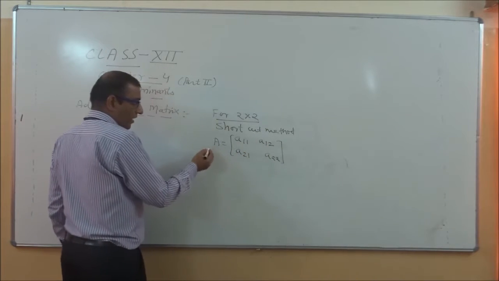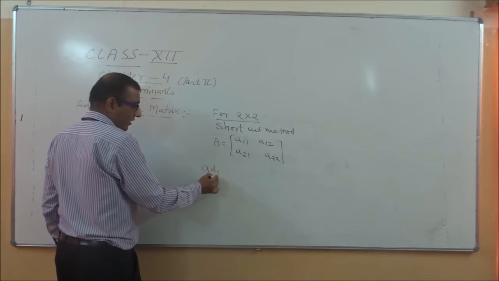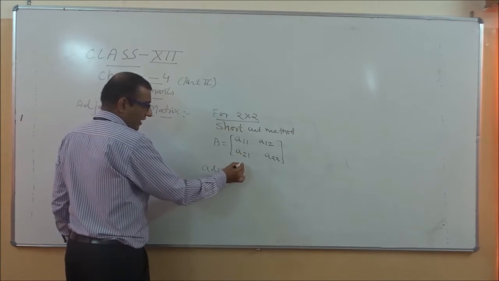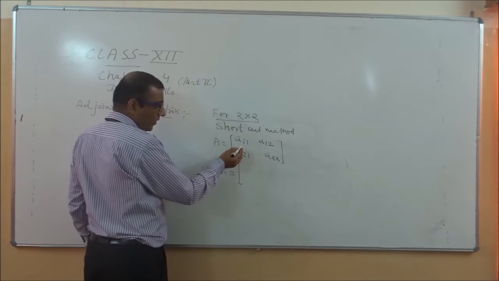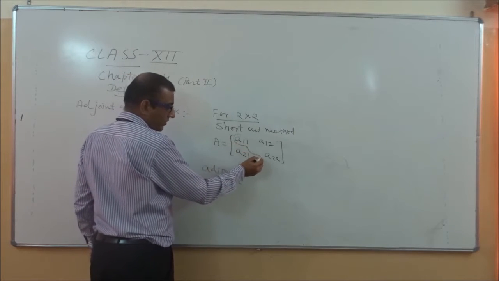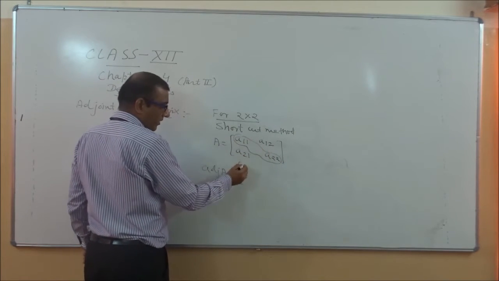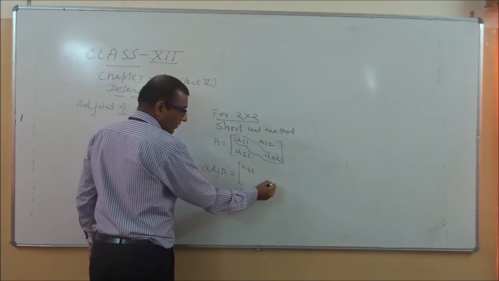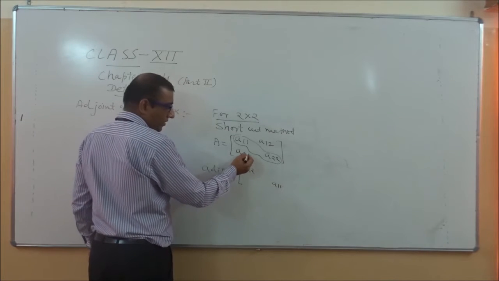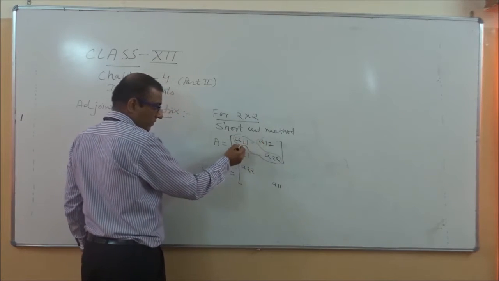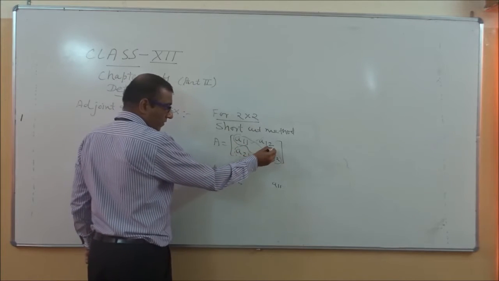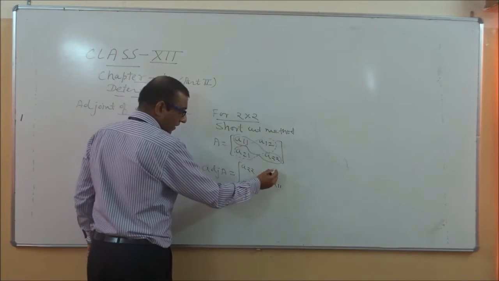If we want to write adjoint A directly, you will interchange these two elements, and for these two elements we will write a minus sign.